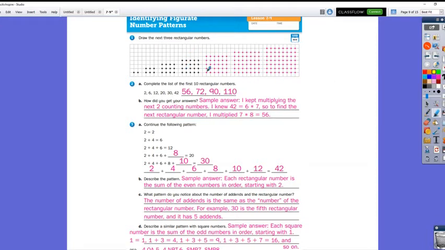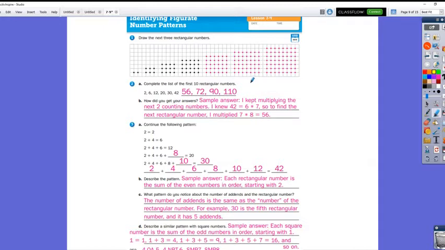And as you saw, each array is increased by 1 row and 1 column. So this had 1, 2, 3, 4 rows. This would have 5 rows. And it had 1, 2, 3, 4, 5 columns. So this would have 6 columns. Okay, so this one would have 7 columns. 1, 2, 3, 4, 5, 6, 7.